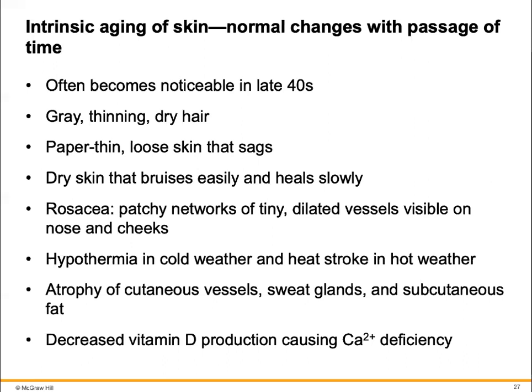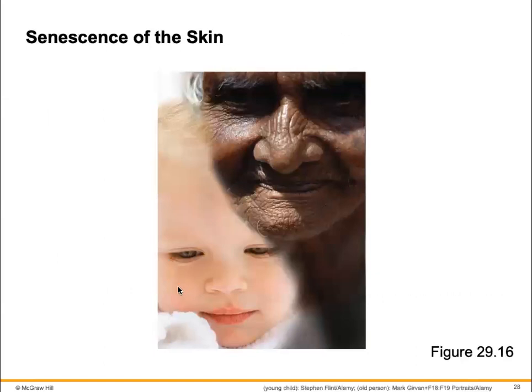You get atrophy in cutaneous vessels, your sweat glands, the subcutaneous fat. So things just kind of shrink. And then you get less vitamin D production, which can cause calcium deficiencies. And this picture is actually a good picture to show like how plump the skin is in an infant versus someone older in age.